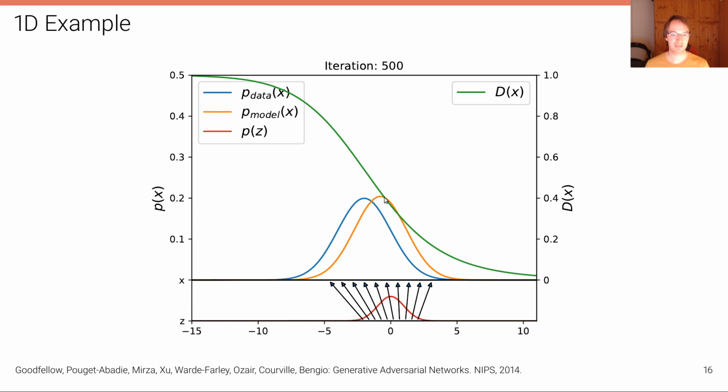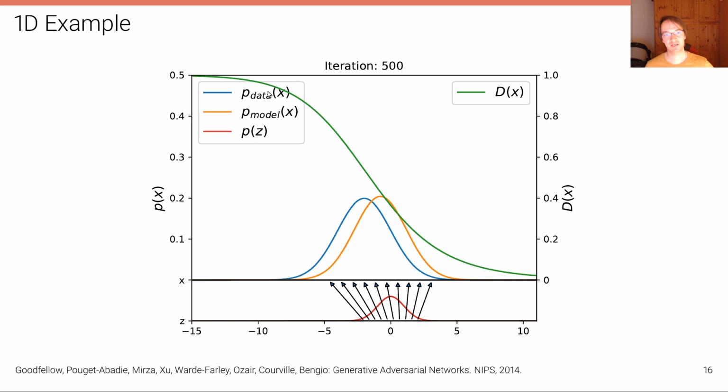And also the mean is not at 0 anymore, but the mean is slightly shifted to the left to -2 in this case. So we can see that overall the orange distribution has slightly shifted towards the left, and it has also spread out compared to the first iteration.